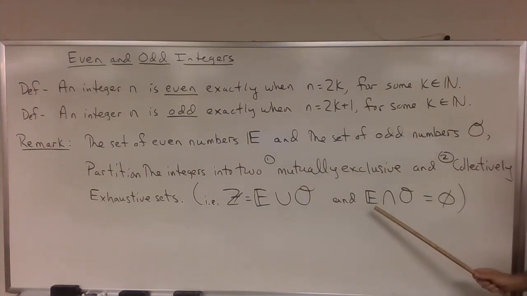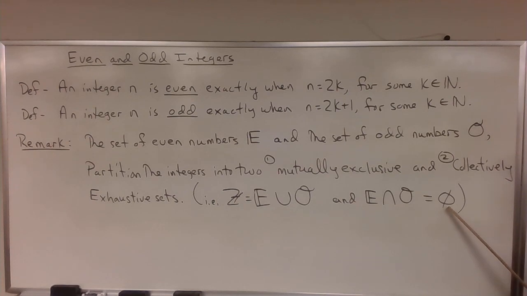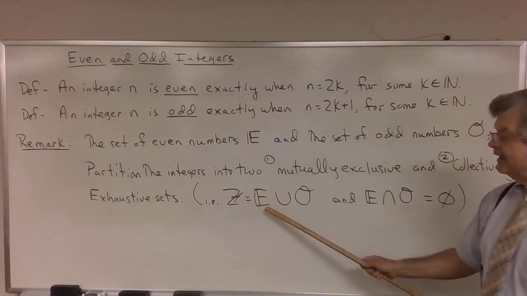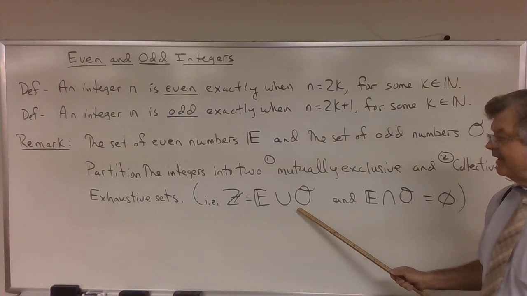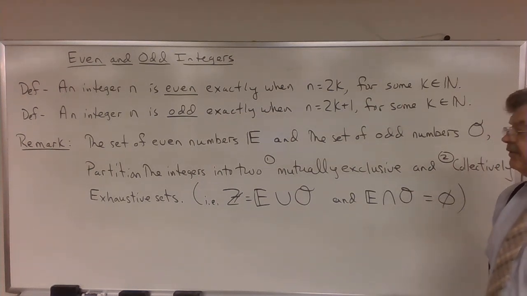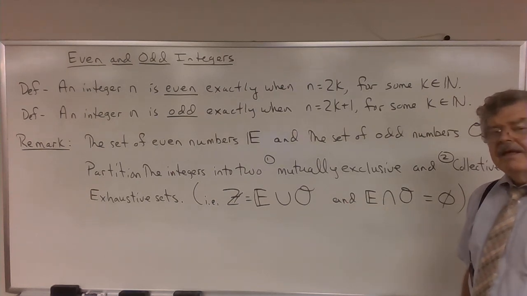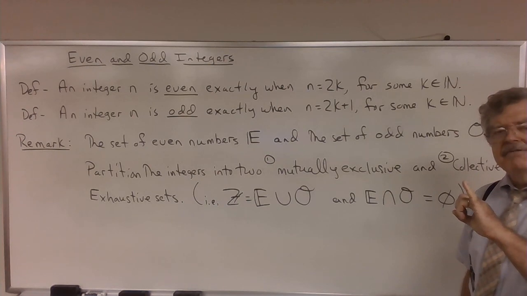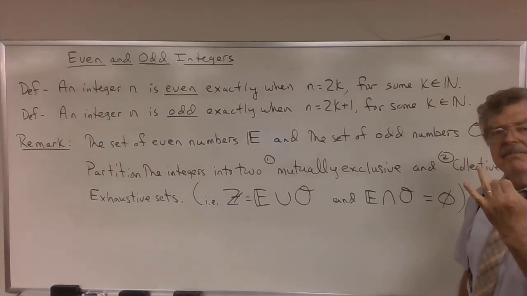Mutually exclusive, that means their intersection is the empty set. They have no elements in common. And collectively exhaustive, that means that collectively the two of them put together give us the entire set of integers. So what this means is that every integer has to be either even or odd and not both.